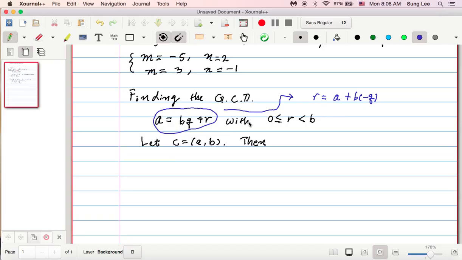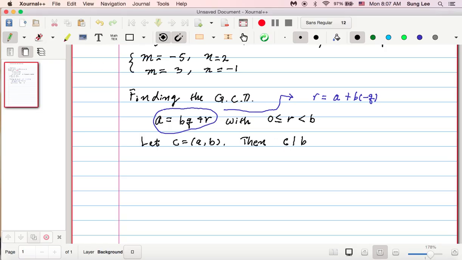If you remember one of the properties in the first lemma we saw, since c divides a and c divides b, c must divide any linear combination of a and b. r is one of those. I'm sorry, it's not r dividing; it's c. Since c divides a and c divides b, c must divide r.